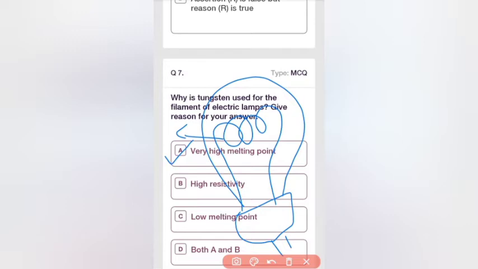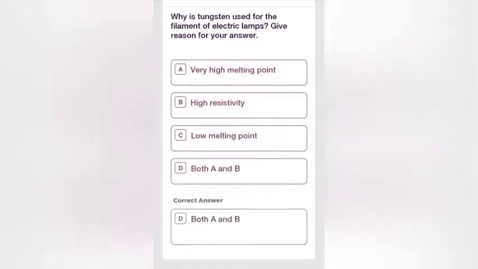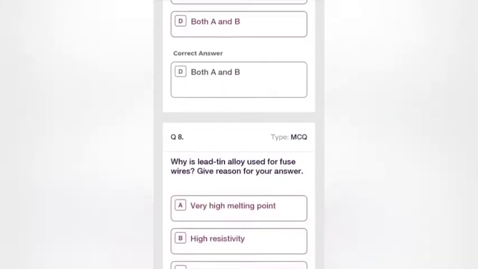So therefore it should have high melting point and high resistivity and high resistance, and it should not oxidize at high temperature. So here we have two options only, very high melting point and high resistivity. So option D will be the correct answer. Both A and B will be correct. It should not have low melting point. If it is having low melting point, it will melt and doesn't give light.